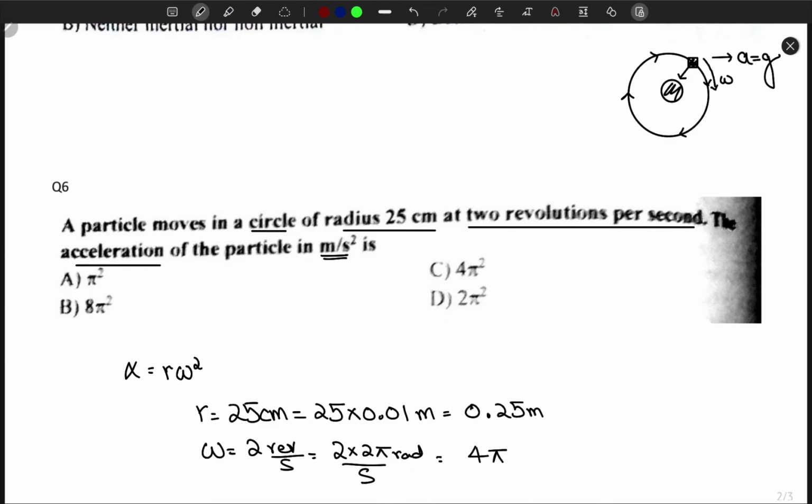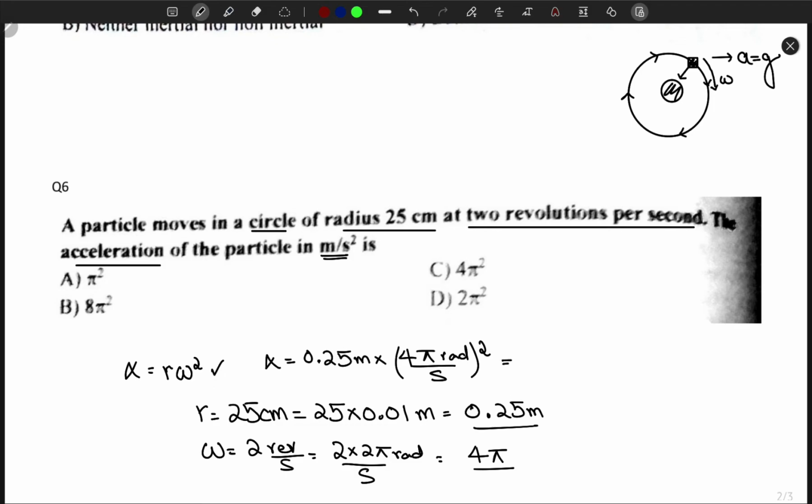So now you have to put these values of r and this omega in this expression. So let's do that. So alpha is equal to 0.25 meters into 4 pi radians per second squared. Remember that, squared, right?